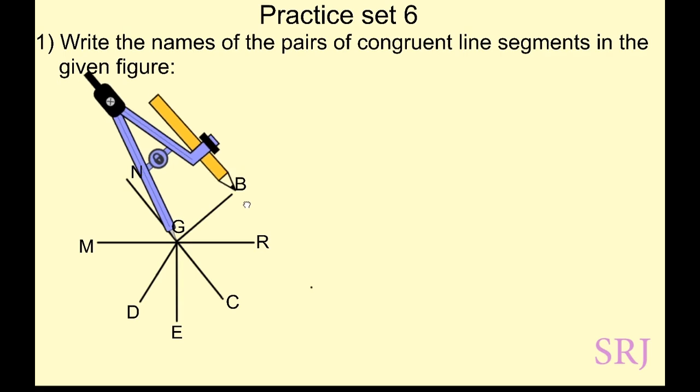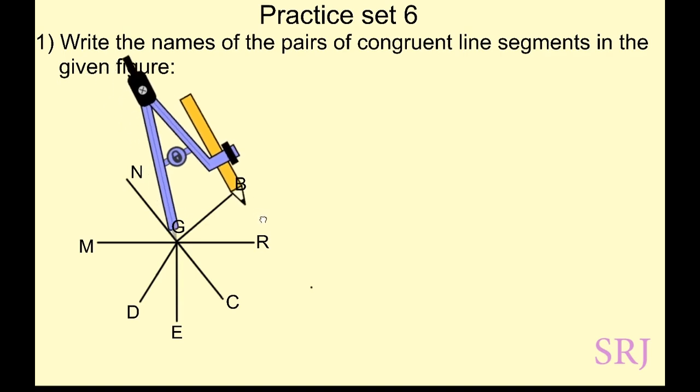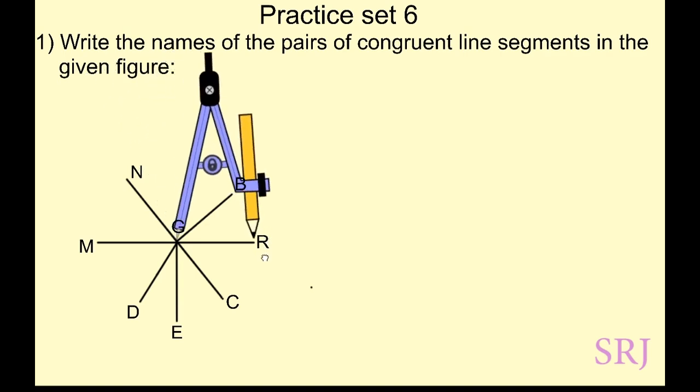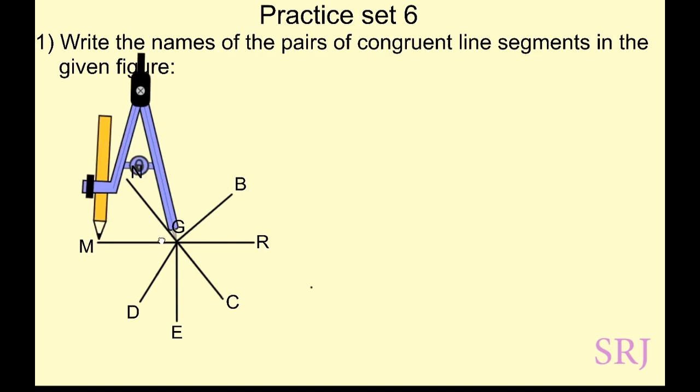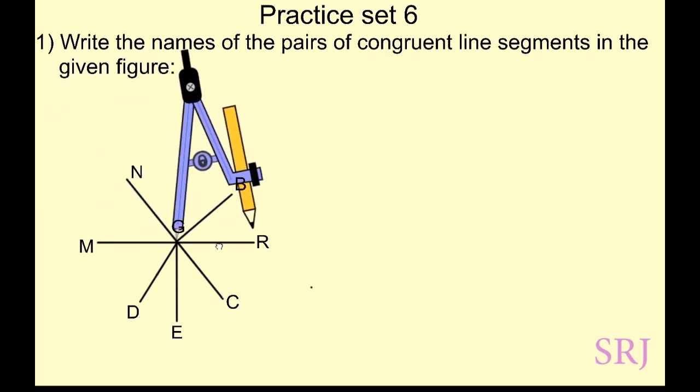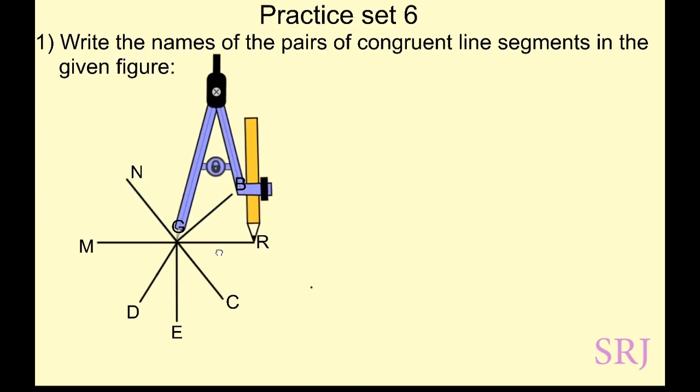So let us try another line segment. Let us go to the next one, that is line segment GR. Okay, so as you all can see, GM and line segment GR measure equally, which means they are congruent. So our first answer is segment GM is congruent to segment GR.